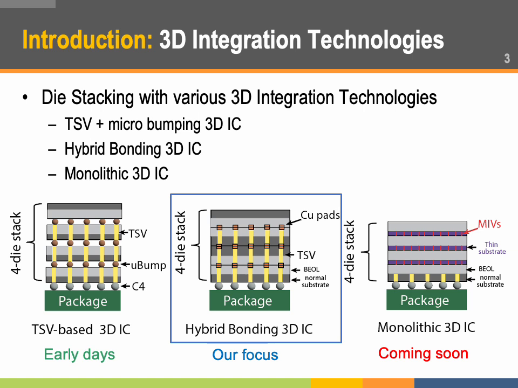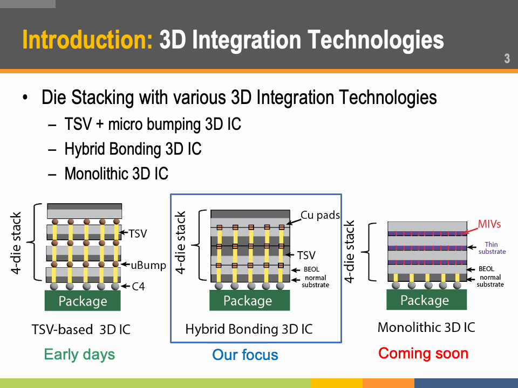The second approach is hybrid bonding 3D ICs. The two fabricated dies are bonded face-to-face using copper pads, while the TSVs are still used to deliver power through the multi-die stackings. And the third option is monolithic 3D ICs.